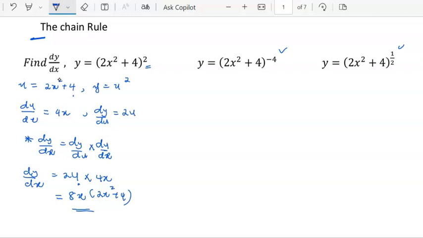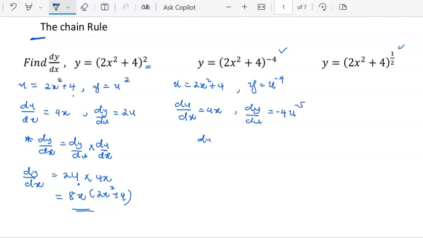Now for this, our u is still 2x squared plus 4, and that means our y is u to the power of negative 4. We go through the same process. du/dx is 4x, and dy/du is negative 4u to the power of negative 5.